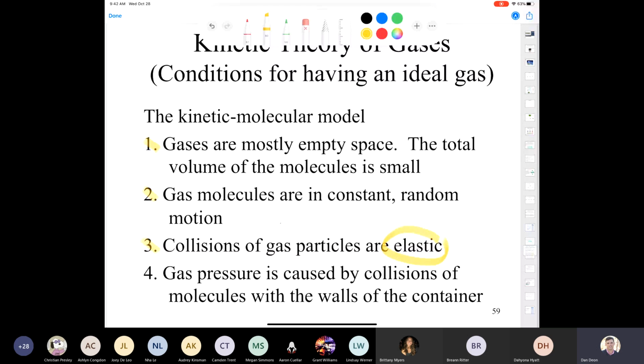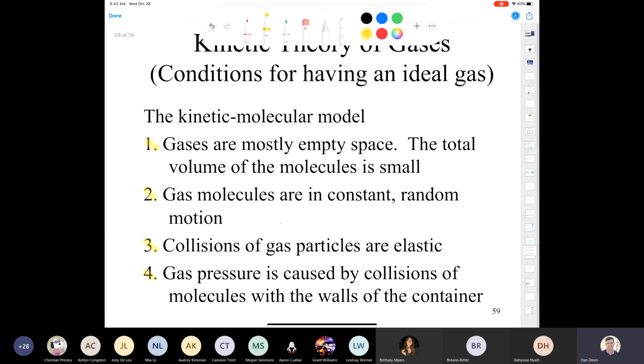Because if they collide, where you have a delta plus and a delta minus, there's definitely going to be some interaction there, okay? So again, this is an assumption we're making, that the collisions of the gas particles are completely elastic. We know that that can't always be the case, but it's an assumption we're going to make.